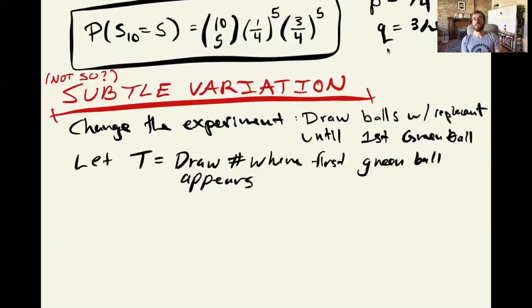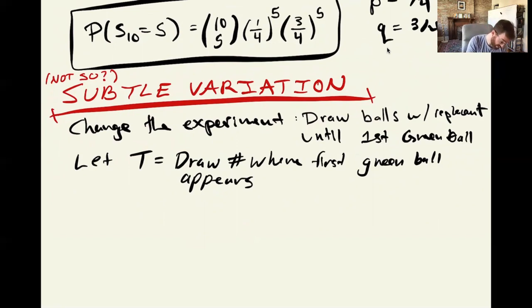Now, this is one of those situations where this is a discrete random variable, but there's actually an infinite set of possibilities. Like you could be very, very unlucky, and every time you reach in, you grab a red ball. Again, it becomes increasingly unlikely, but it is possible.